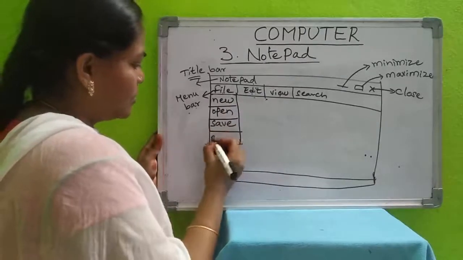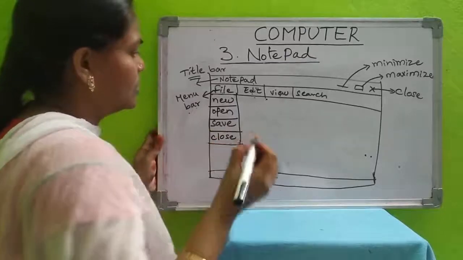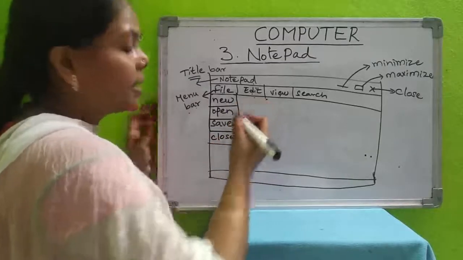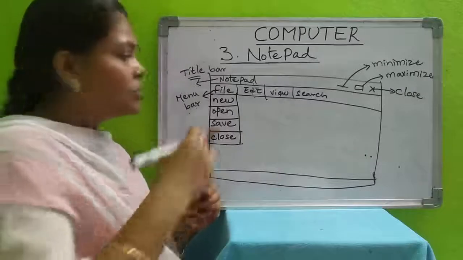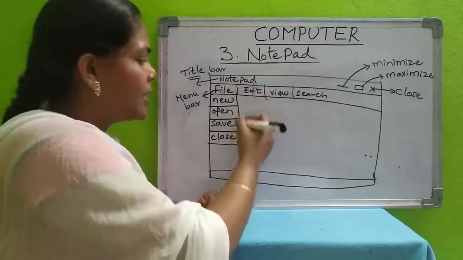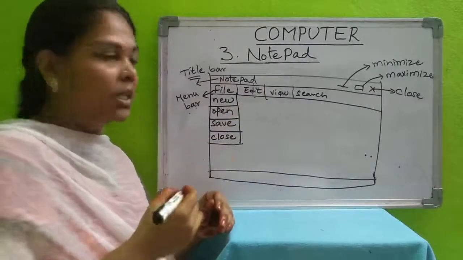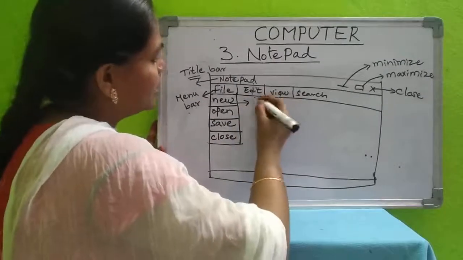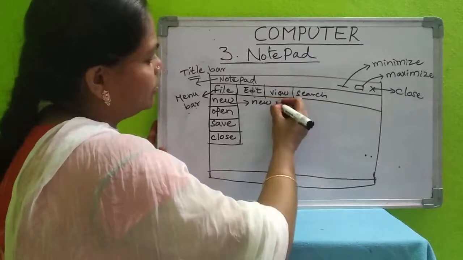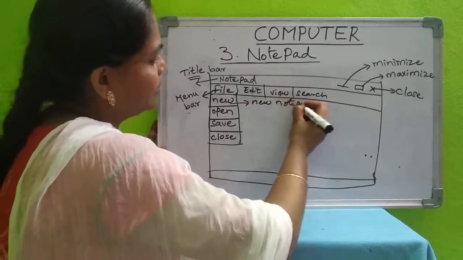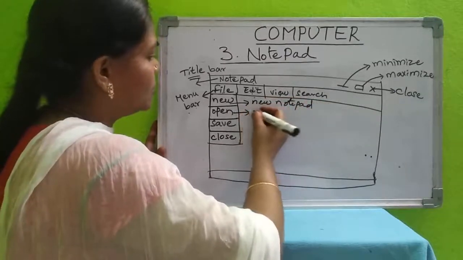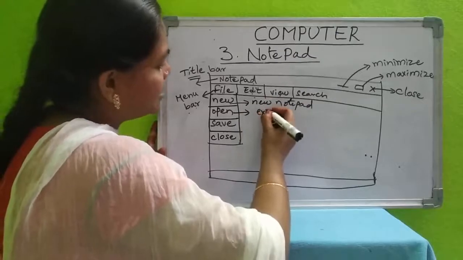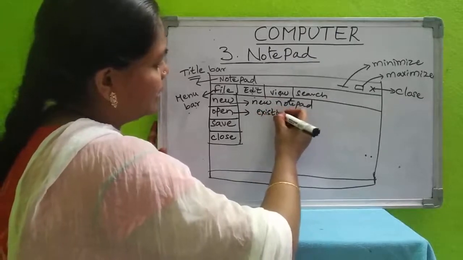In the second class we learned about Paint, and the options we had in its File tab are the same here. New opens a new Notepad. Next, if you click on Open, an already existing Notepad will be opened.